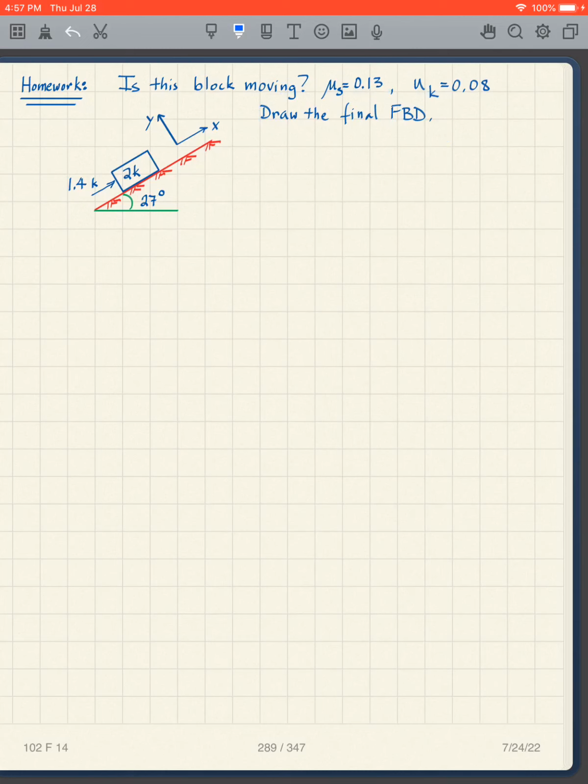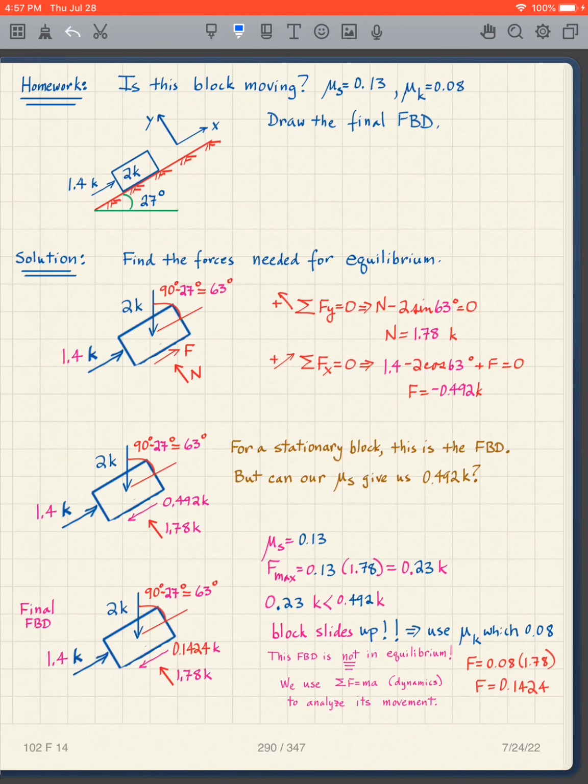Again, begin by finding the forces under equilibrium. Okay, so we start with our free body diagram with N and F, and we solve for the sum of the forces in the y direction equals 0, sum of the forces in the x direction equals 0.